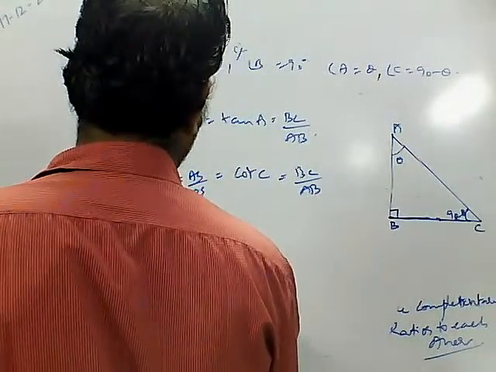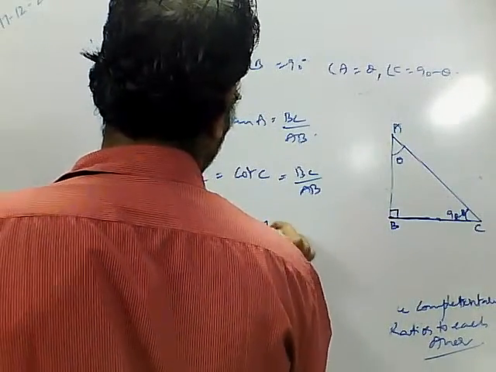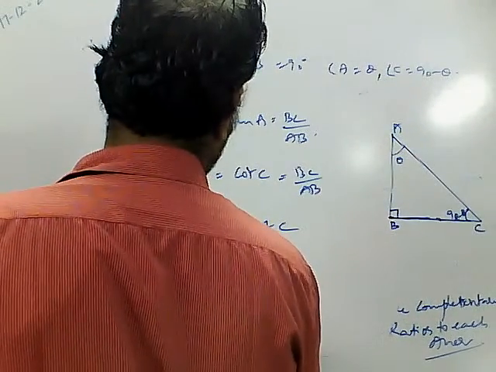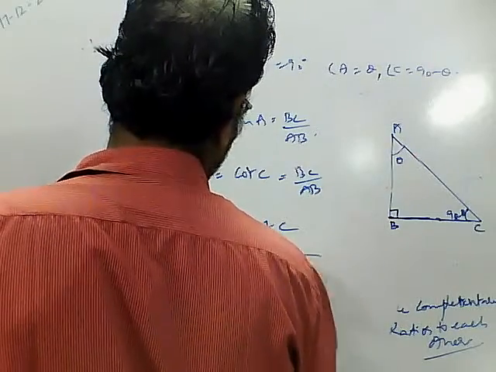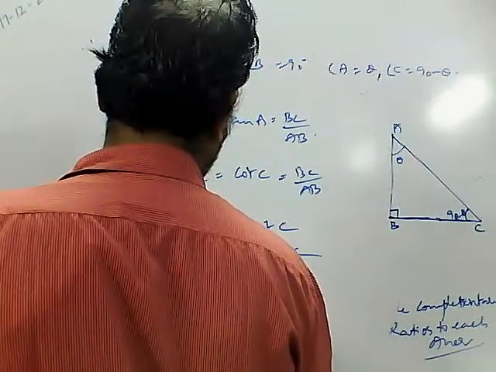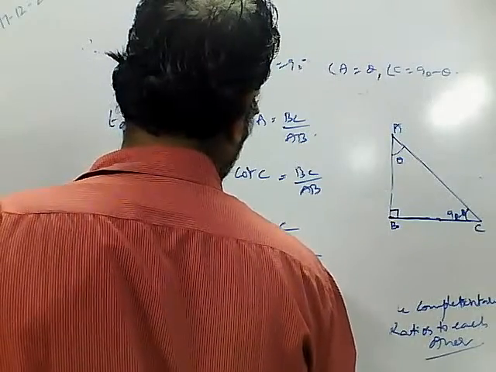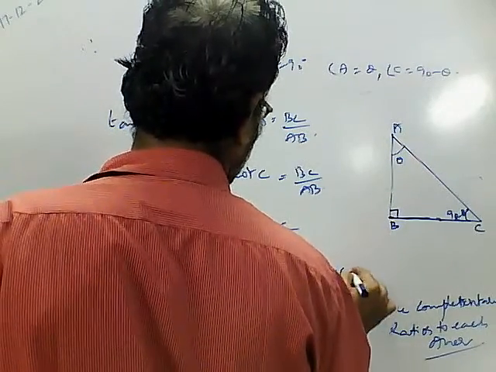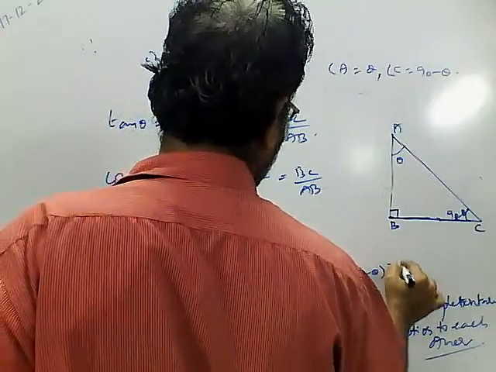Therefore, tan A is equal to cot C, or cot A is equal to tan C, or tan 90 minus theta is equal to cot theta. Cot 90 minus theta is equal to tan theta.